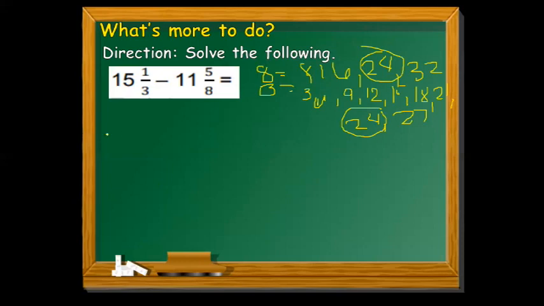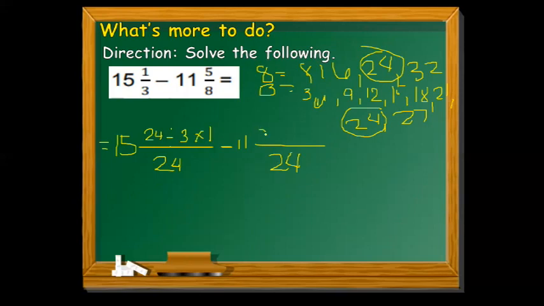So, we will just, ayan. So, 15, ganyan, minus 11. Tapos, ano yung LCD natin? 24. 24 yung LCD natin. So, first, kagaya ng ginawa natin kanina, 24 divide 3 times 1.